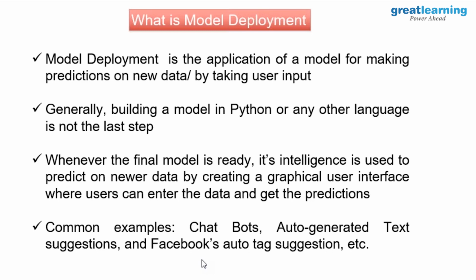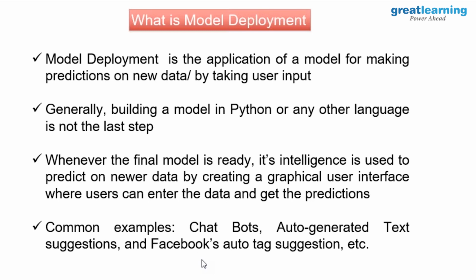Now, auto tag, you can consider this as an interface or a user input which is given. Whichever image is being tagged becomes a value for a variable. That is an input value for the model to be built.